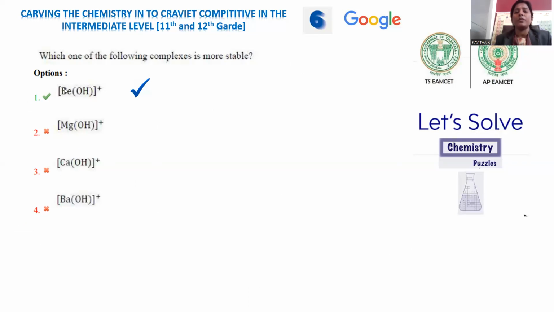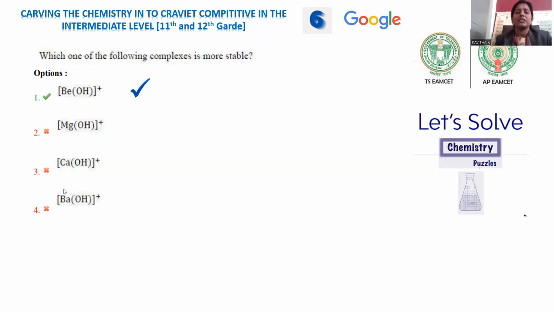But second main group elements have a natural tendency to be bidentate, meaning their valency will be 2. They are able to bind with two different functional groups. That's the reason why all these are given with their positive charge. Beryllium hydroxy cation, magnesium hydroxy cation, calcium hydroxy cation, barium hydroxy cation. These many are provided. Among all, we need to assign which is more stable.